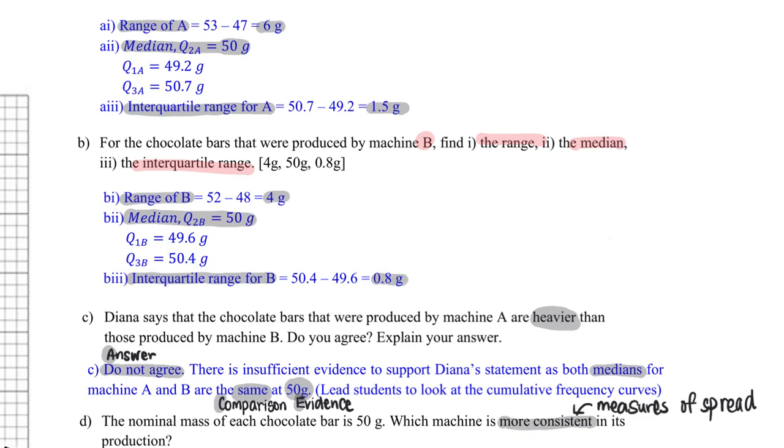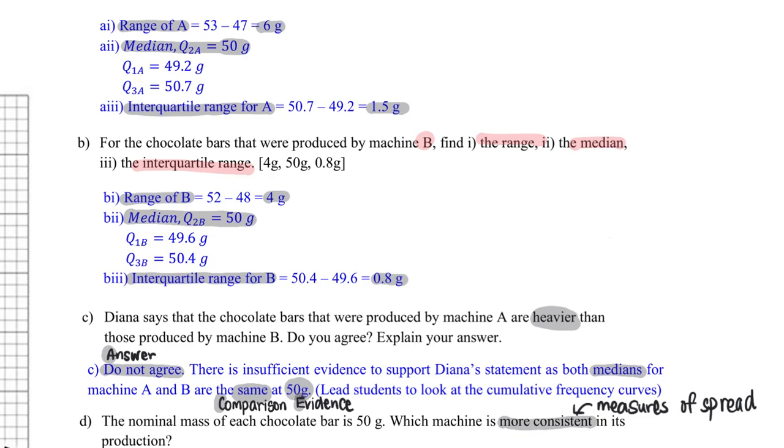Alright. So we will need to compare this. And in order for a machine to be more consistent in its production, the range and the interquartile range preferably should be as small as possible. Okay, so we are going to compare. And when I look at the data, I realize something.